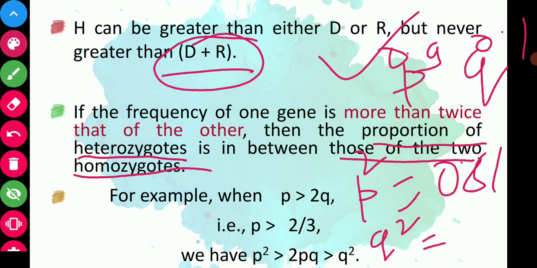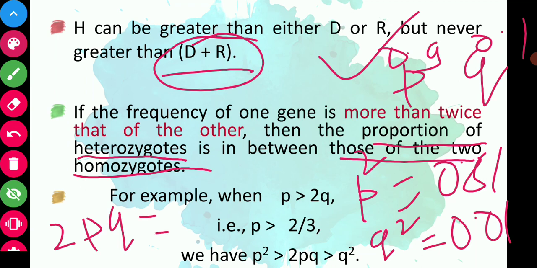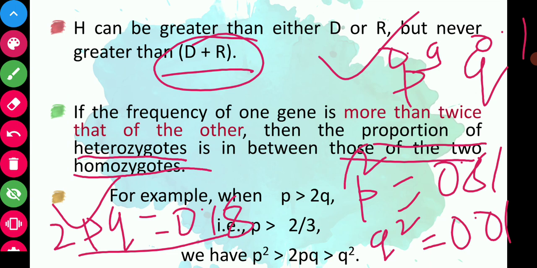It will be q square, that is 0.01. What will be the frequency of the heterozygote? 2pq, that is 2 into 0.9 into 0.1, which is 0.18. So the frequency of the heterozygote will be in between both the homozygotes. This is what this property wants to say.